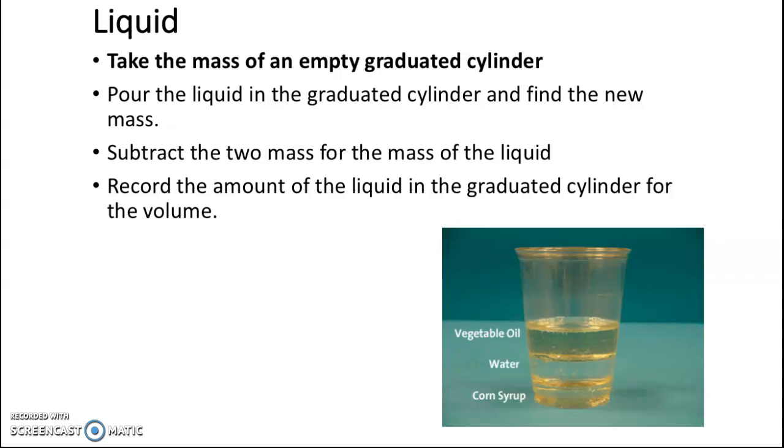Once we have the mass of the liquid, record the volume of the liquid in the graduated cylinder in milliliters, and then we're still doing density equals mass divided by volume, as usual. You already know it is easier said than done, so let's go ahead and practice this out real quick.